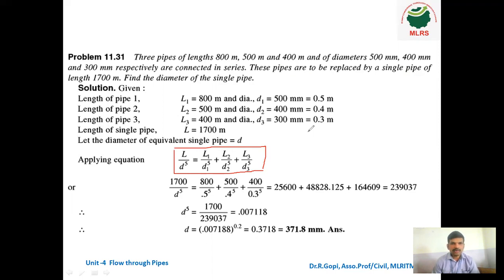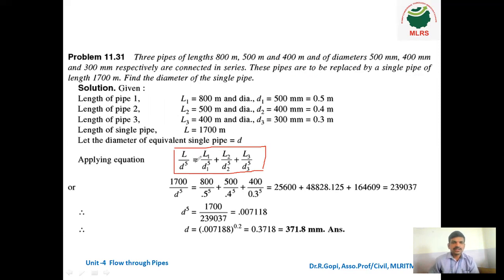L is the length of the single pipe, 1700 meter, divided by D power 5. L1 is 800 meter and D1 is 0.5 meter. So L means length, D means diameter.